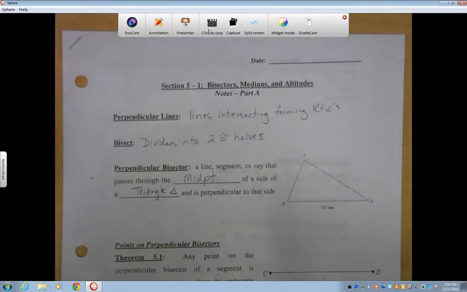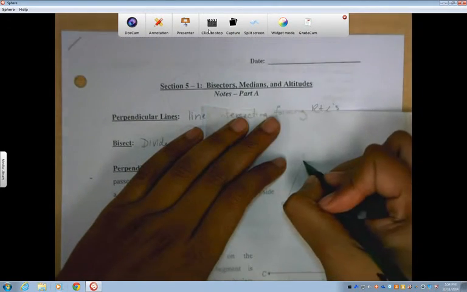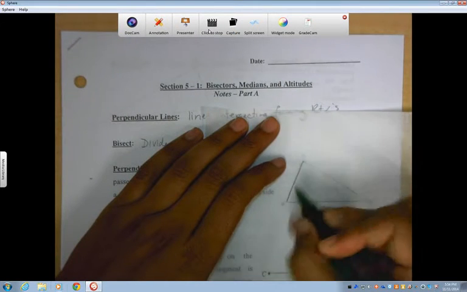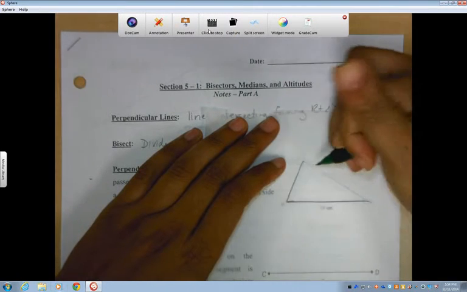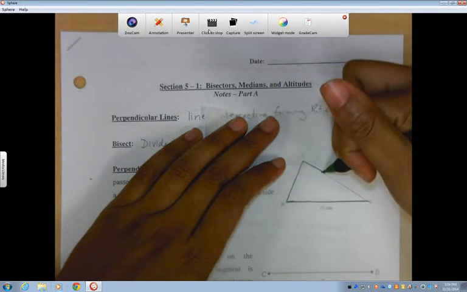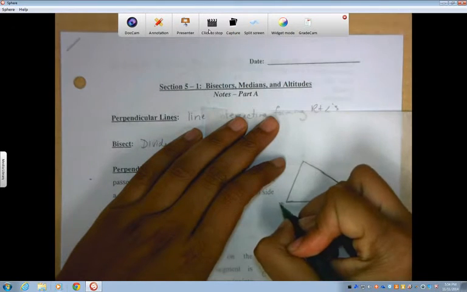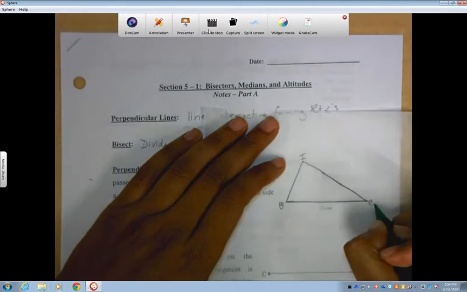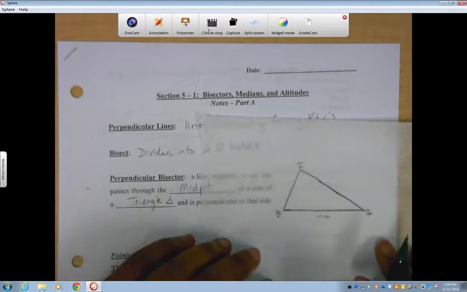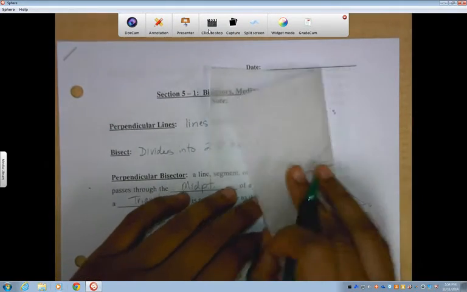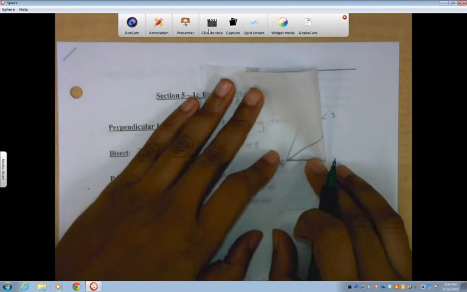So for the patty paper purpose in class, I'm going to have y'all look at different types of triangles and construct different types of segments using just the patty paper, no other tool. Let's say I trace this triangle, triangle BIG. If I want to find the midpoint, because we need the perpendicular bisector to go through the midpoint, I can fold the patty paper so the vertices G and B coincide.